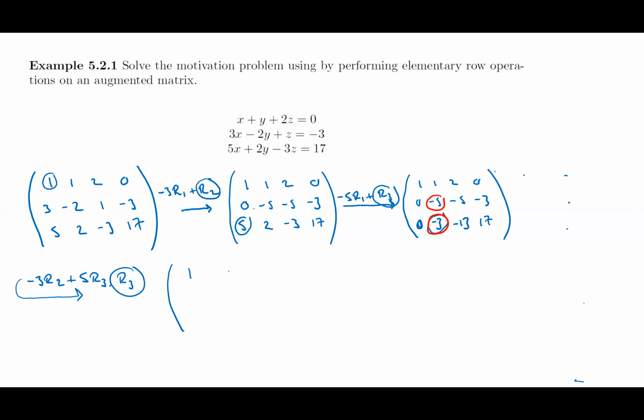So 1, 1, 2, 0, 0, -5, -5, -3, 0, and here we go. So 15, I'm sorry, 15 minus 15 is 0. And then we have 15 plus 5 times -13, right?